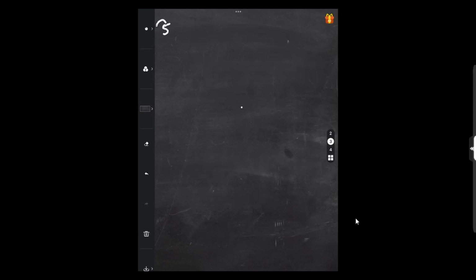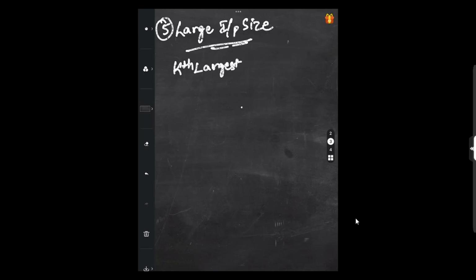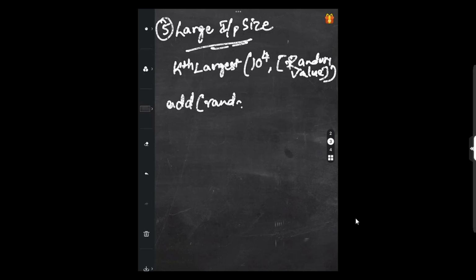So next, let's move on with the fifth edge case, large input size. For the large input size, let me consider here kth largest. When I say large input, let's consider 10 to the power of 4 and anything. Let me consider some random value, any value you can consider, a large number.